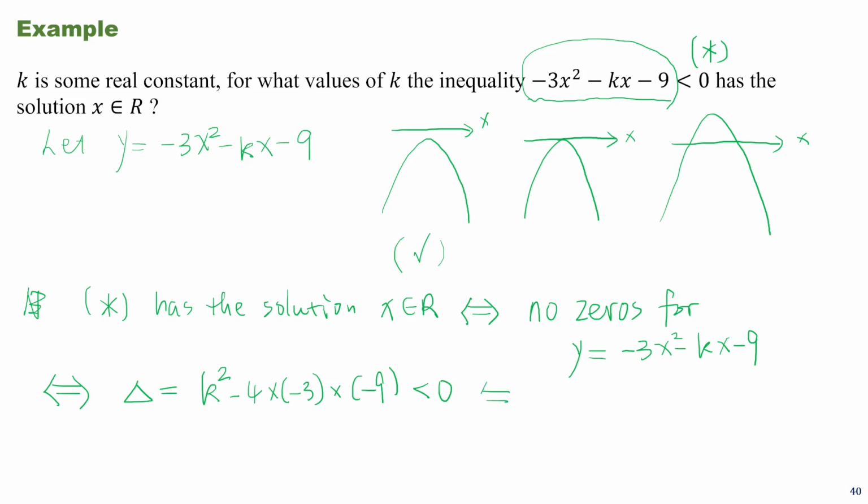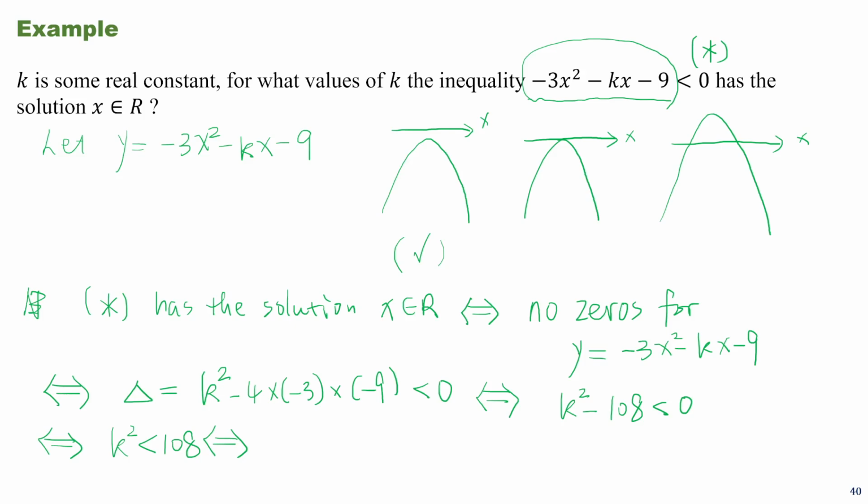And we can easily solve the inequality in terms of k, which means k squared minus 108 must be less than 0, right? And therefore k squared must be less than 108, which means, can you solve this by yourself?